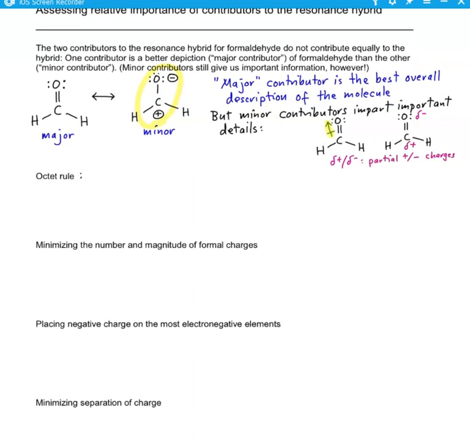And the question you're going to ask is, is the octet rule satisfied for all the atoms that need octets? And just to remind you, this should be the very first thing that you assess.